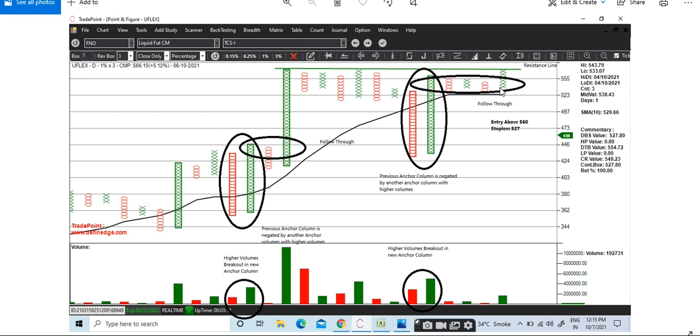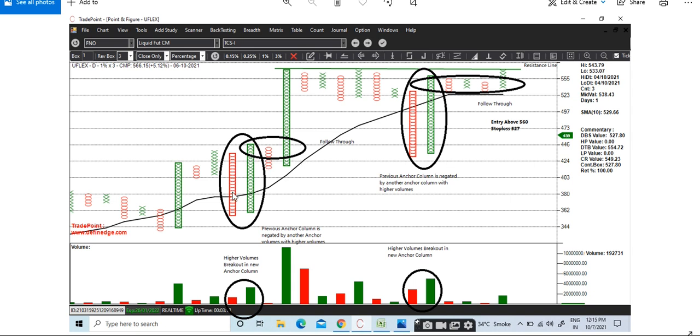So it is 10% up from that level in two sessions only. This is one of my favorite patterns, which is called Climax Pattern, wherein we have an anchor column which is negated by an immediate anchor column with huge volumes, right? And then there is a follow through.